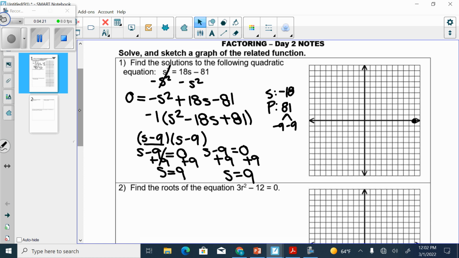And what does a parabola look like? A U, right? It makes this U shape. It goes down and comes back up, but apparently only touches this line one time. So that must mean that this is the very bottom of the U, because it didn't touch the x-axis again.